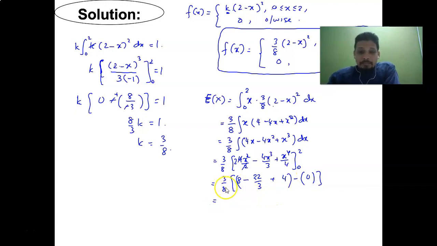Okay, so now 3 over 8, 8 plus 4 equal to 12 minus 32 divided by 3. Okay, so you may find out this answer here, and it gives you 1 over 2.